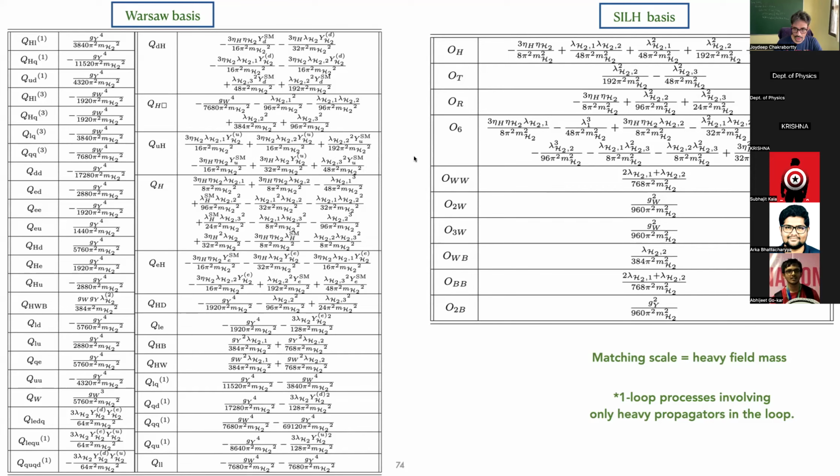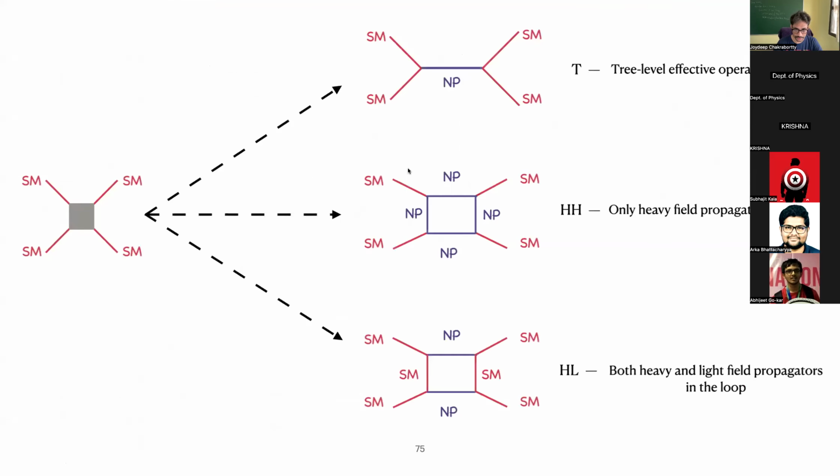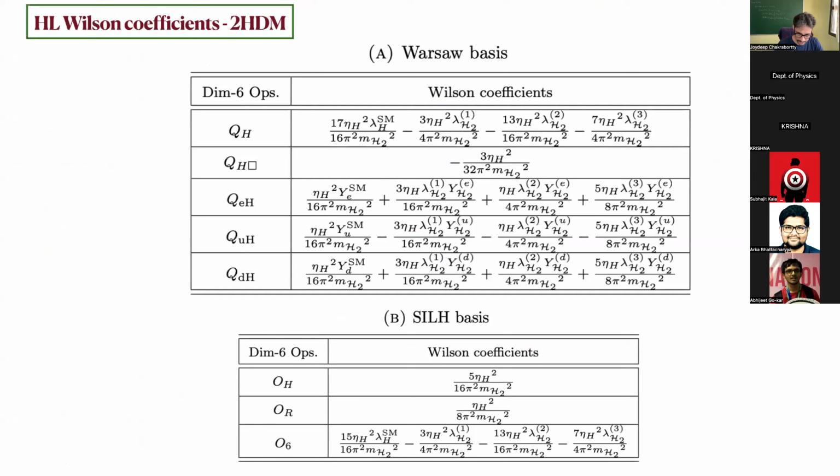Okay. So now, as I told you, this is a one loop, but these loops basically consist of only the heavy propagators. So what about the contribution from heavy-light diagrams? Just to recall, these are called heavy-light diagrams, where in the loop you have at least one light propagator.